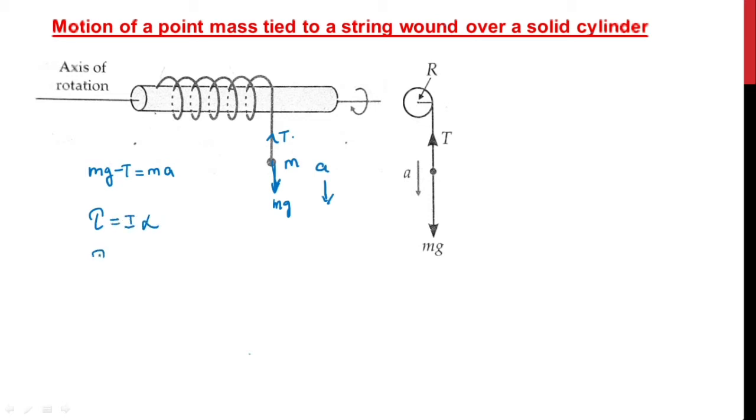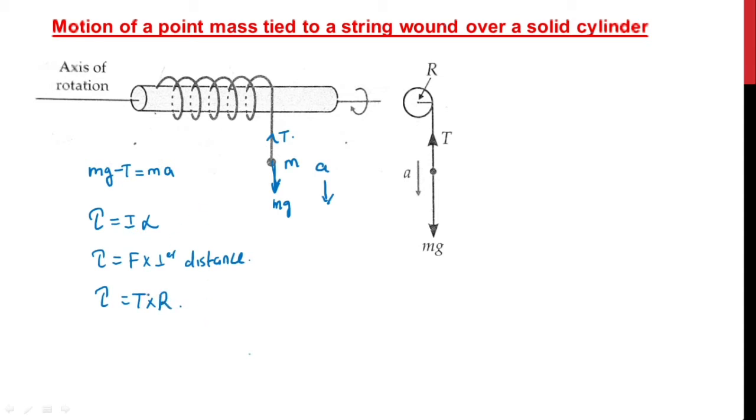What is tau? Tau is equal to force into perpendicular distance. Here the perpendicular distance is the radius R, and the force is the tension. So tau is equal to T into R.